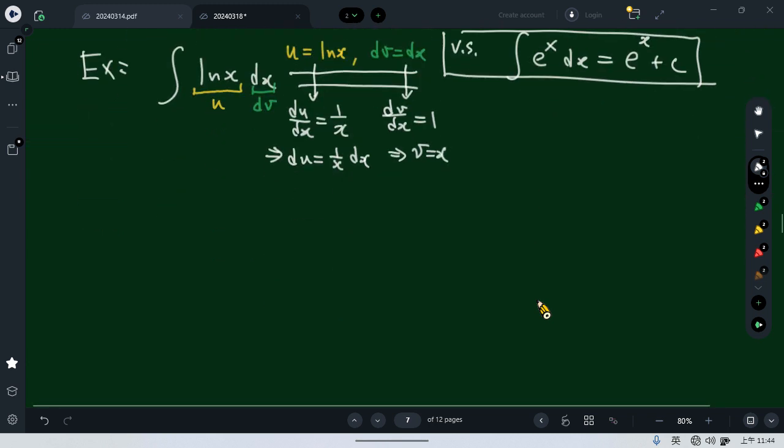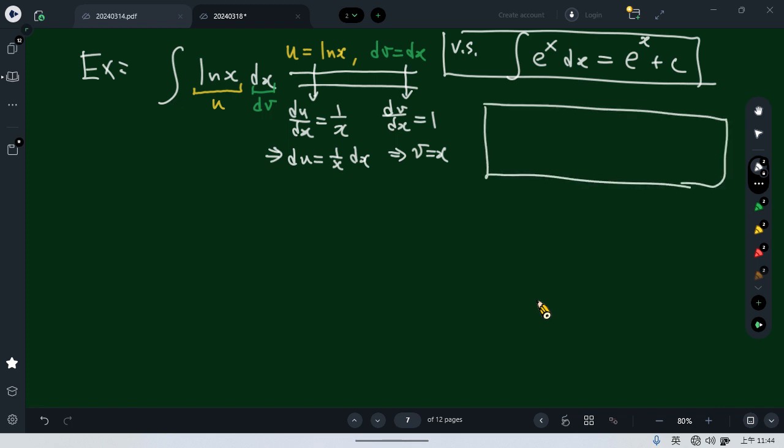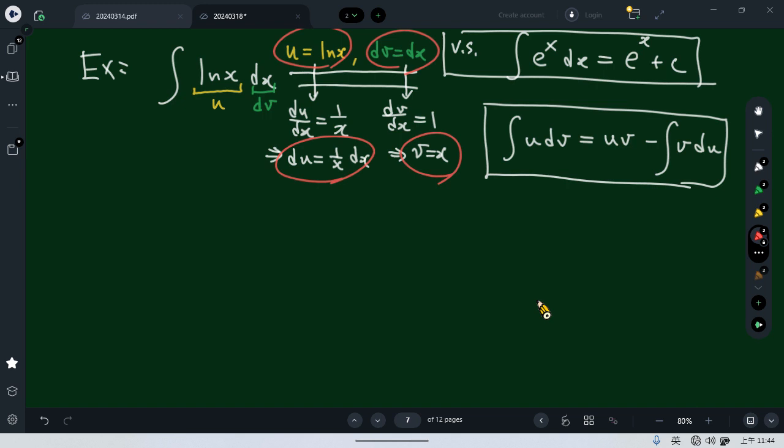Right? So let me just write down the formula for you. The integral of u dv is equal to u times v minus the integral of v du. Right now we have four elements here: u, dv, du, and v.